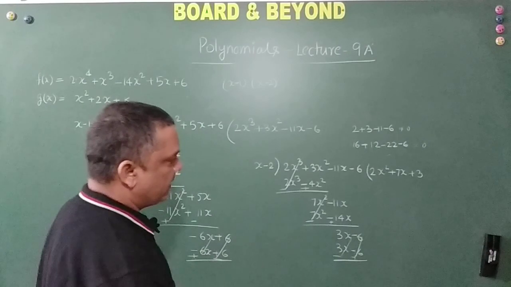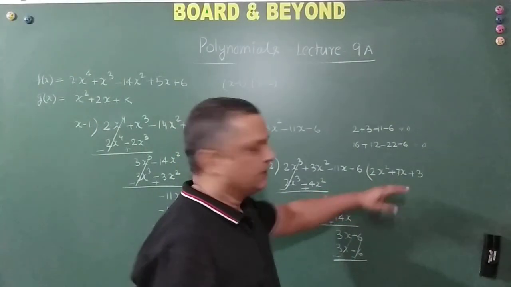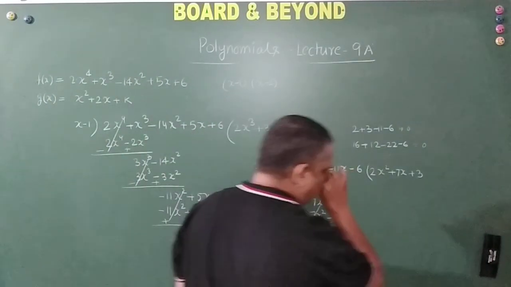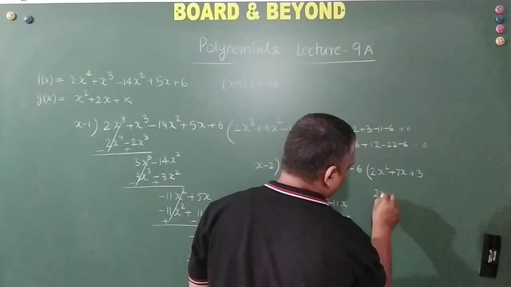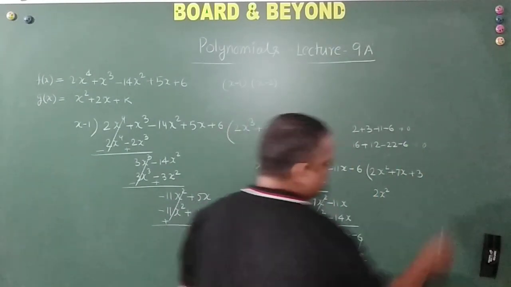Now this has reduced to a quadratic polynomial. Let us try to factorize it. This is 2x square. The product of the first and the last term is 6x square.